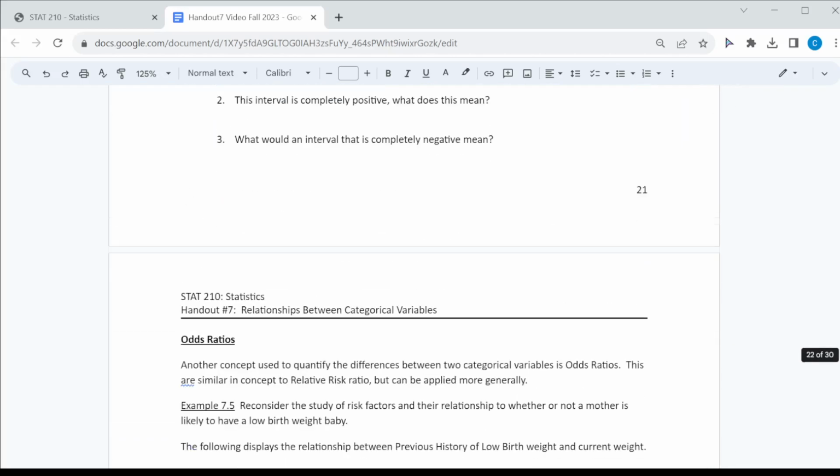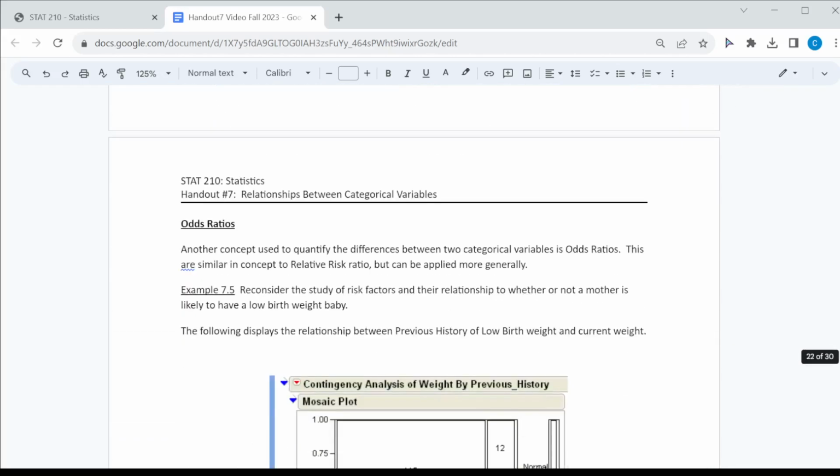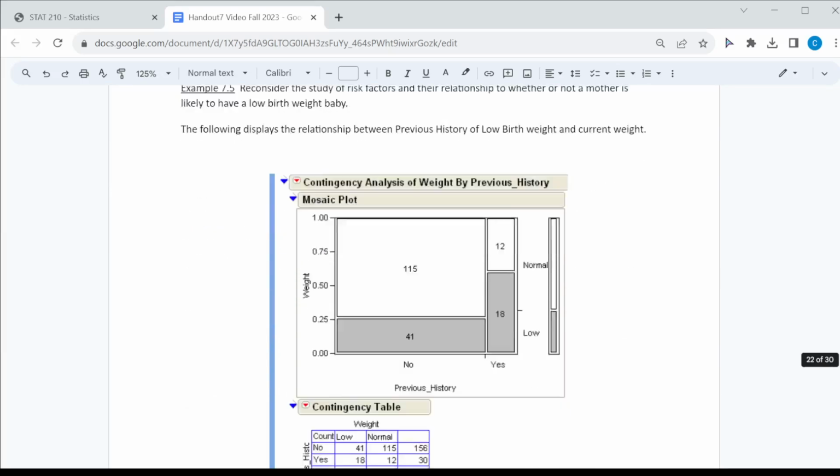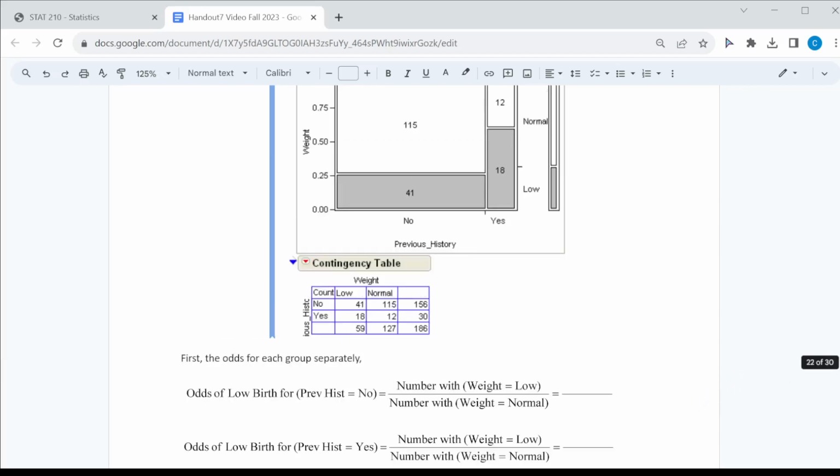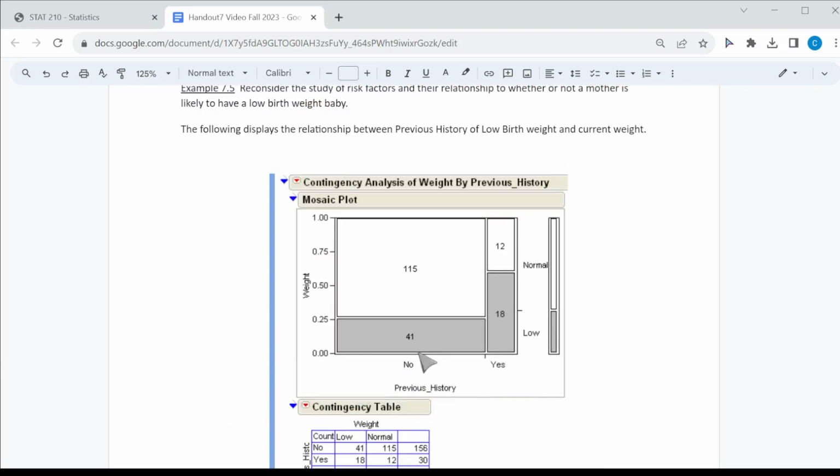Okay, let's talk about odds ratios then. Odds ratios are a comparison of odds. One thing that's unique about odds is it is not based on the row percentages, but instead they are based on just the counts themselves.